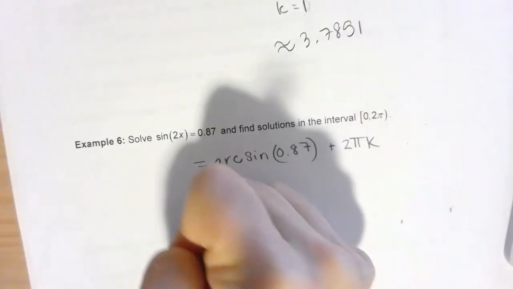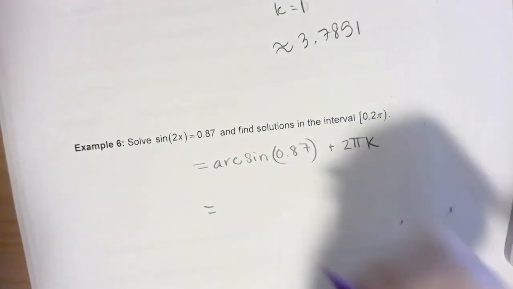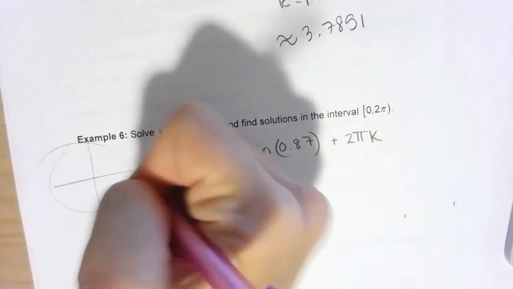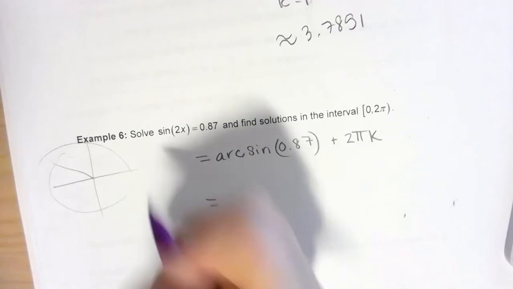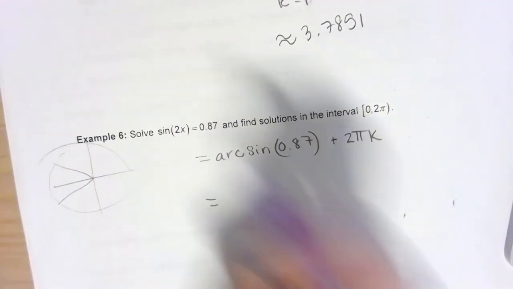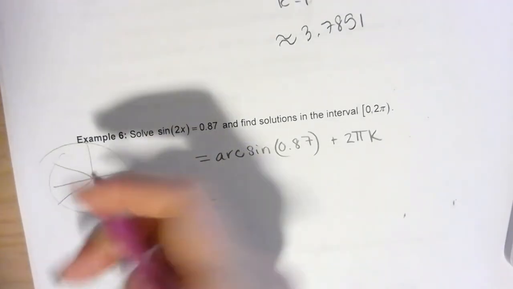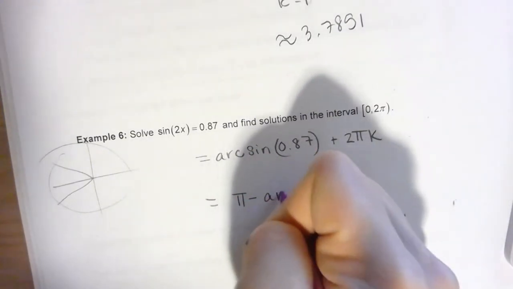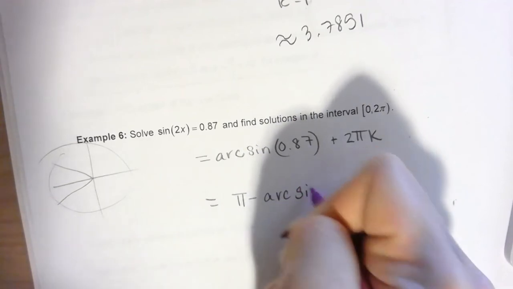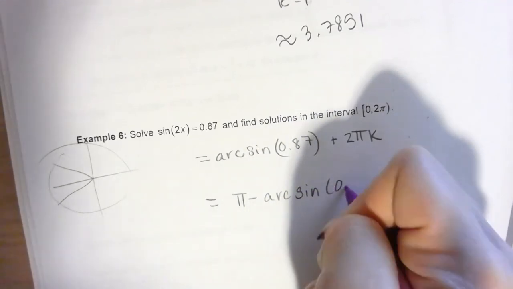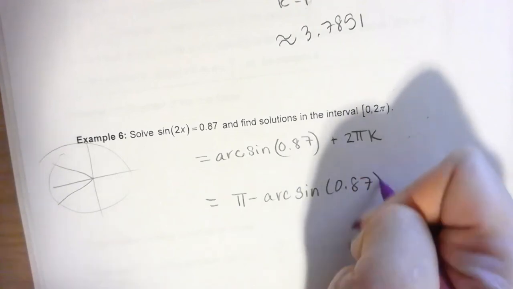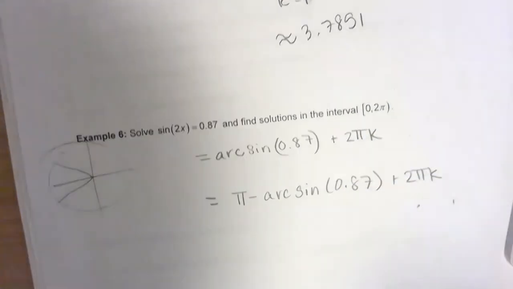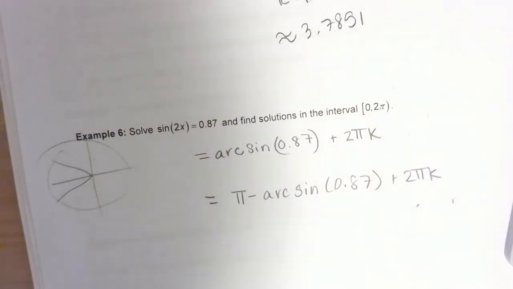But the other one, if you look back at last section, because we are in the second and the third, right? To get that third quadrant, we had to say pi minus arc sine of 0.87 plus 2 pi k. That's how we got around for our 2 values of sine.